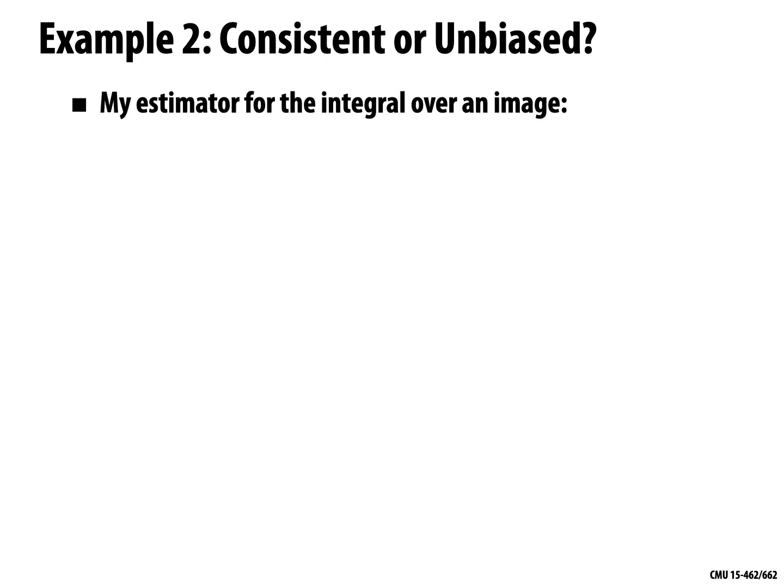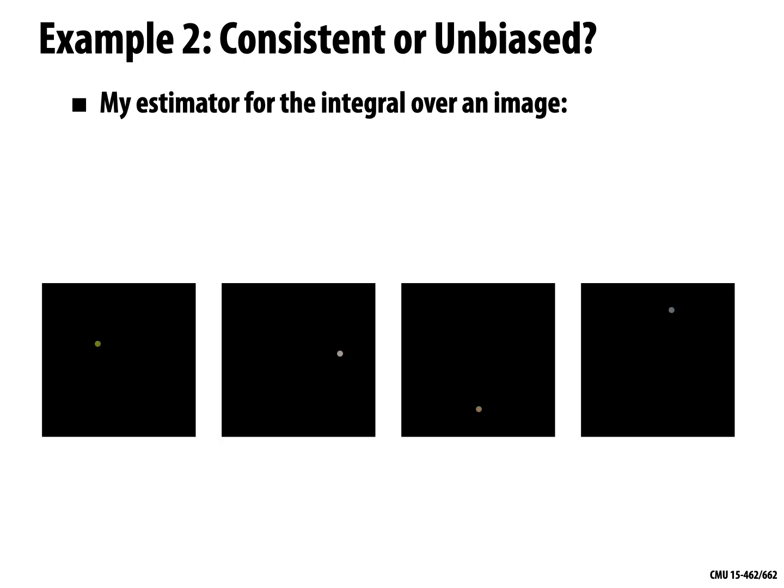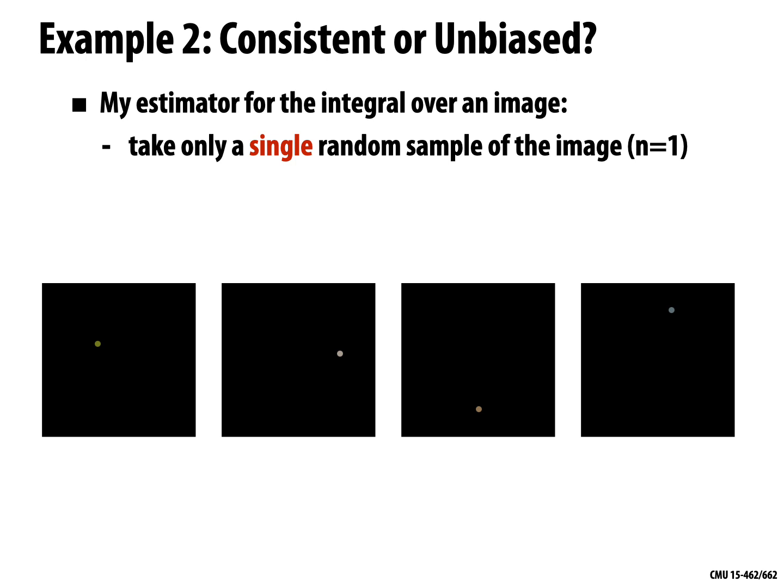Okay, so I have another estimator for the same problem, which is I'm just going to take a single random sample of the image. I'm just going to pick randomly some point in the square. I'm going to figure out what the color value or the brightness is there. And I'm just going to multiply that value by the area of the image. Okay. Kind of a funny estimator, but sure.